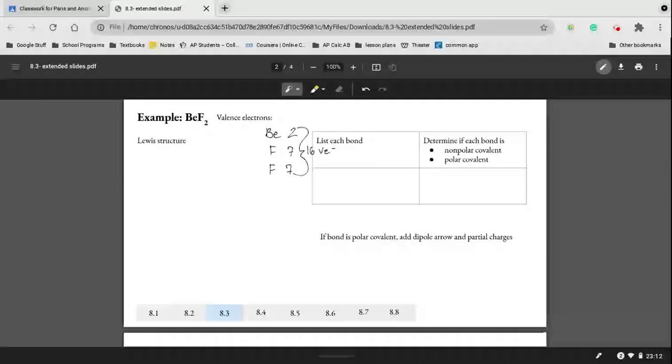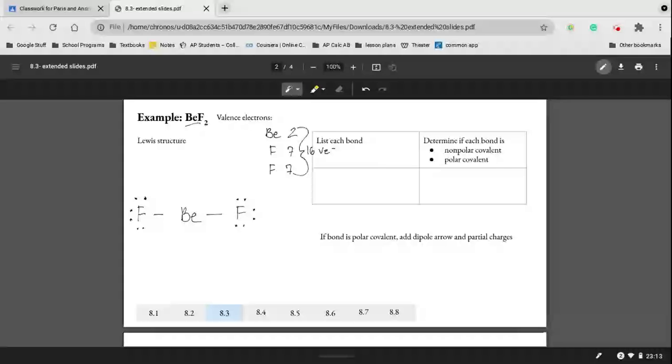So we set it up like any other Lewis structure, with the element listed first in the center, beryllium, and fluorine surrounding. And so we start to count it out. 1, 2, 3, 4, 5, 6, 7, 8, 9, 10, 11, 12, 13, 14, 15, and 16. So our fluorines are good.